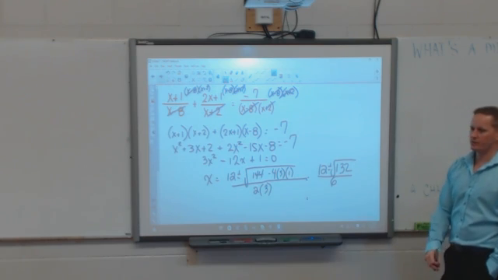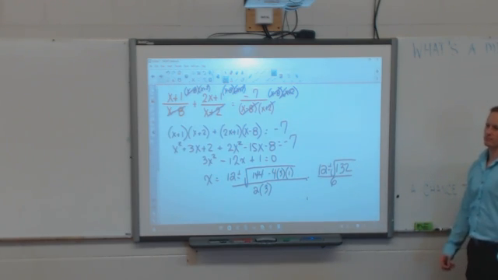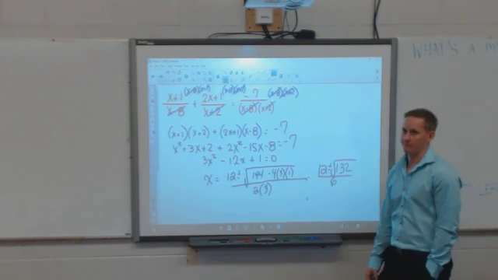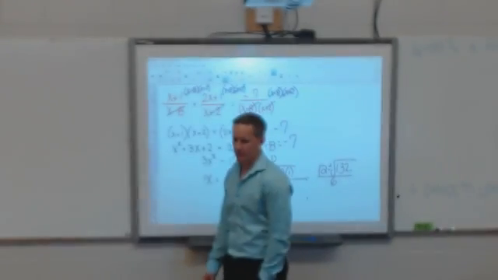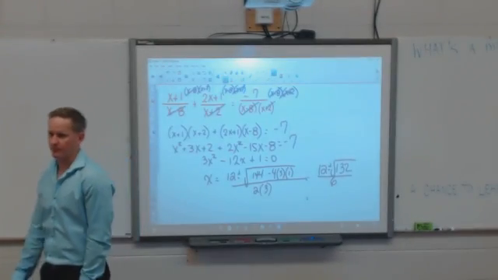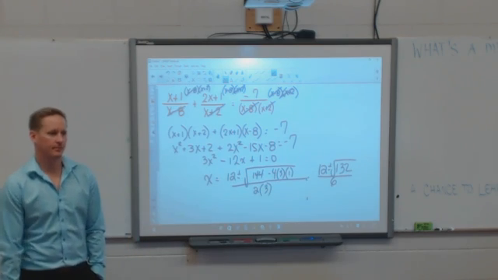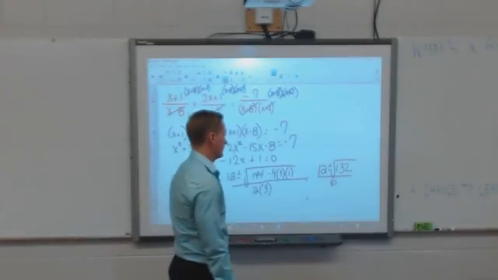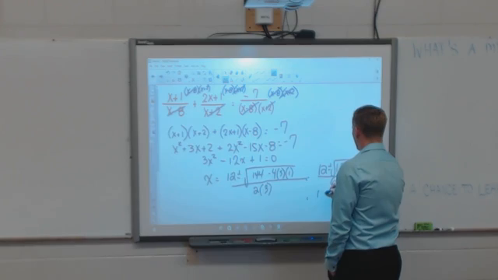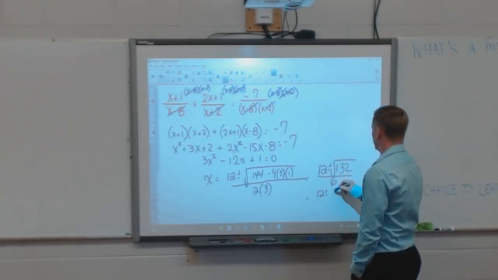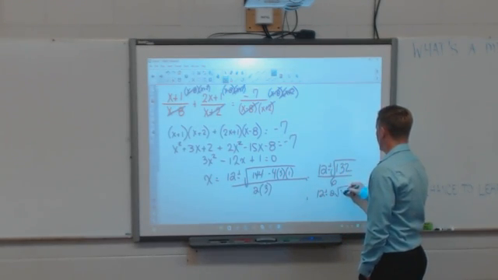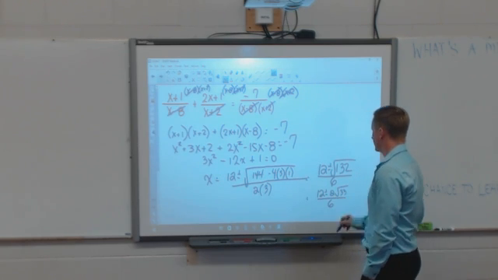Is there a perfect square that goes into 132? It's not a perfect square. Does 4 go into it? How many times does 4 go into 132? 33. 33. 12 plus minus 2 root 33 over 6.